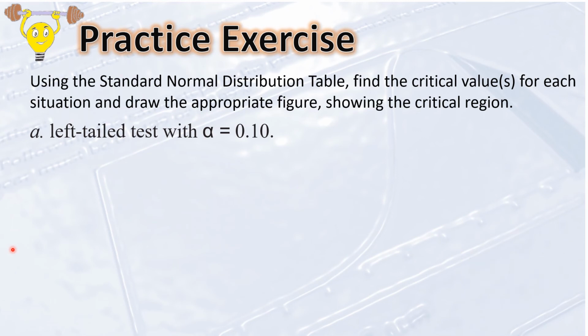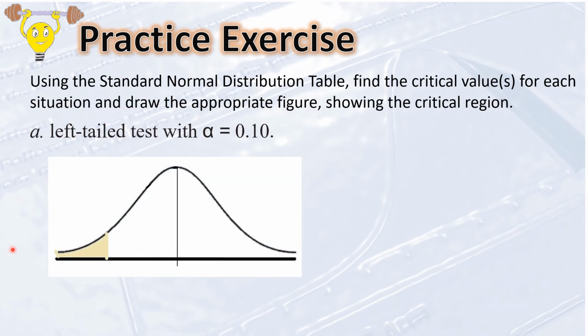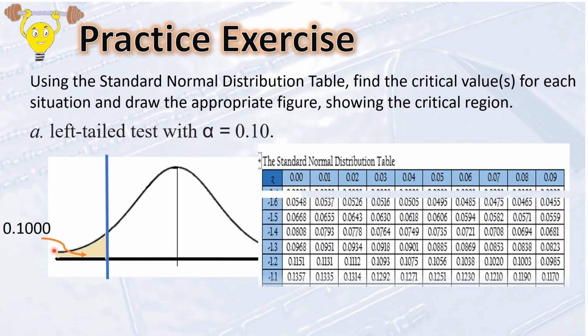Time is up. Let us show the answer. For step 1, draw the figure. Since this is a left-tailed test, the z critical will be to the left of the mean, and the area to the left of that z critical value will be equal to alpha, and that is 0.10. Using the standard normal distribution, we look for the area 0.1000, and the closest value is 0.1003.